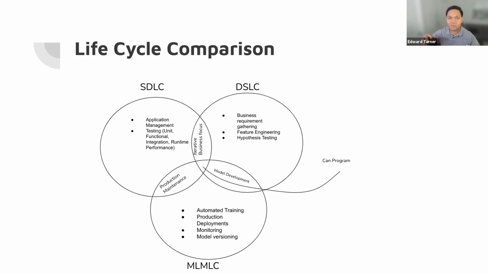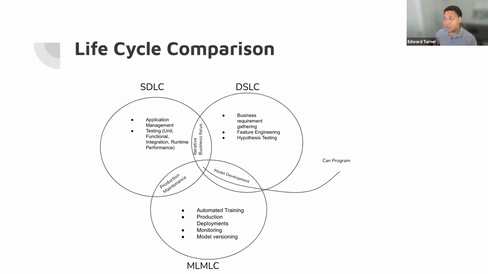Now, the real cross in between, again, there's a lot of other things as well. It's not an exhaustive list, but what's common among all three of these life cycles is really the fact that you can program it, that you can actually monitor things. And the programming languages are going to be different, of course, across the three different life cycles. The software development life cycle might involve something like Java or Scala.